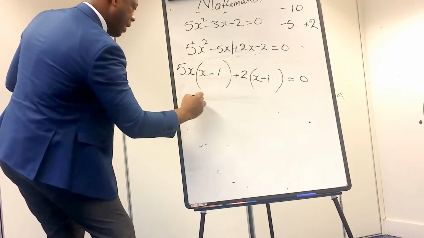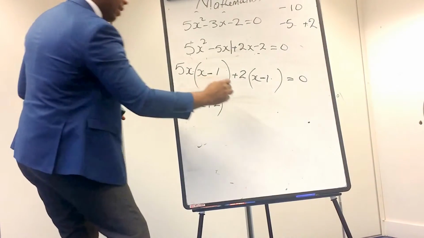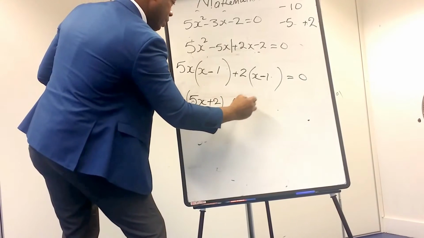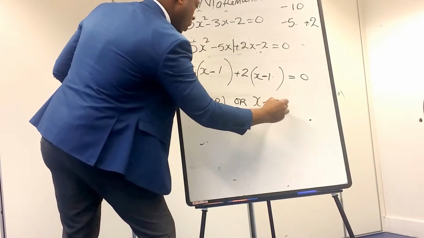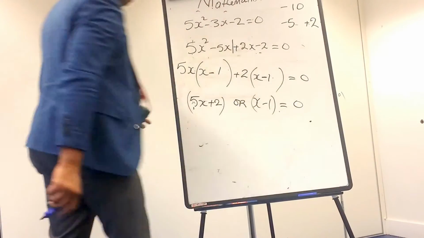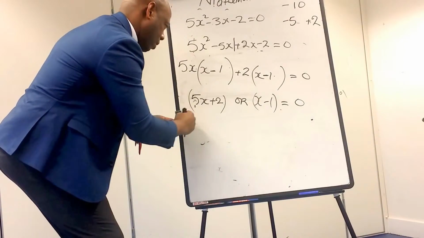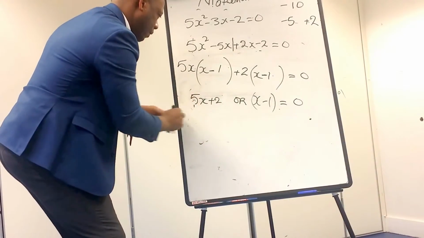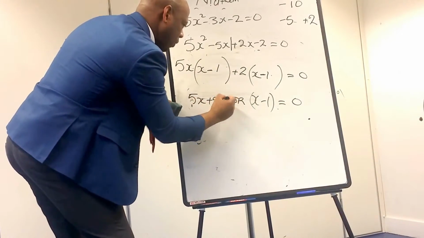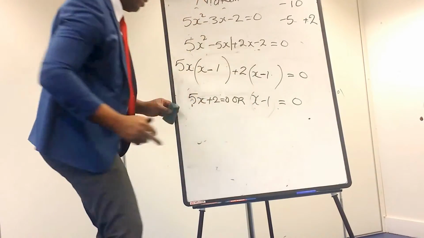So now we have (5x plus 2)(x minus 1) equal to 0. Okay? So now, actually we should have 5x plus 2 equal to 0 or x minus 1 equal to 0.